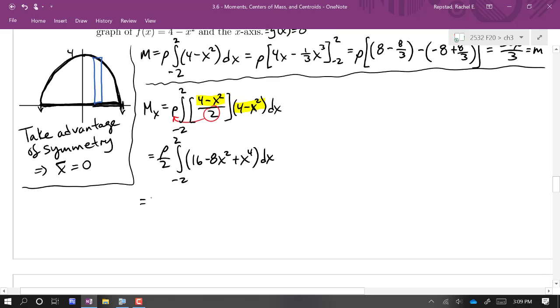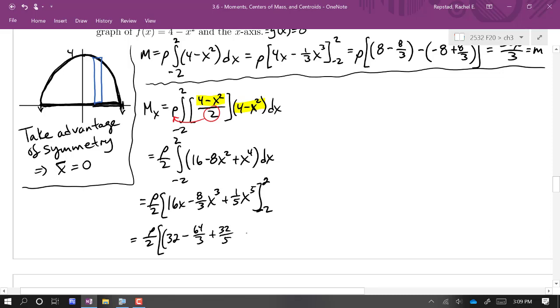And another polynomial, so let's integrate. We get 16x minus 8/3 x cubed plus 1/5 x to the 5th from -2 to 2. And let's plug in our limits. When I plug in +2, 16 times 2 is 32, minus 2 cubed is 8, and 8 times 8/3 is 64/3, plus 2 to the 5th is 32 fifths.